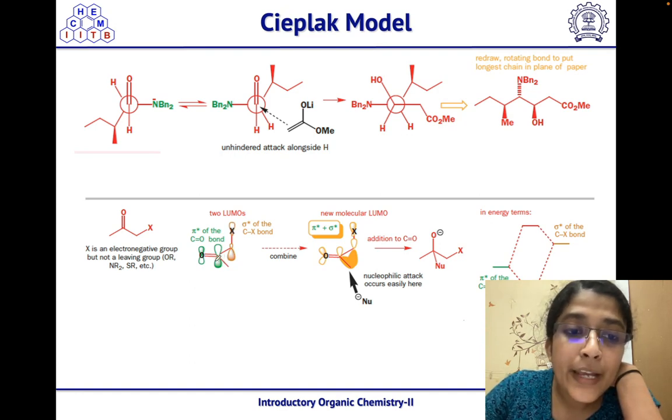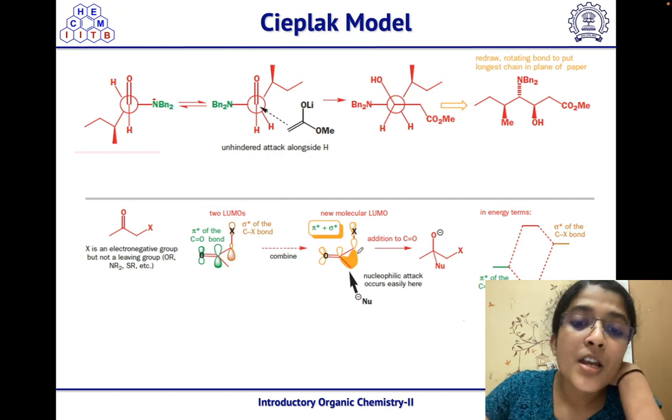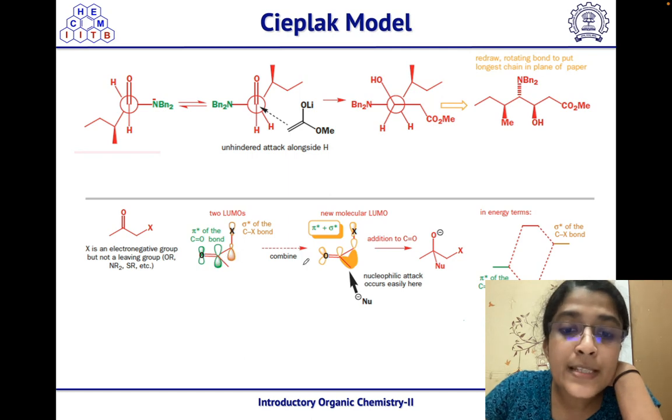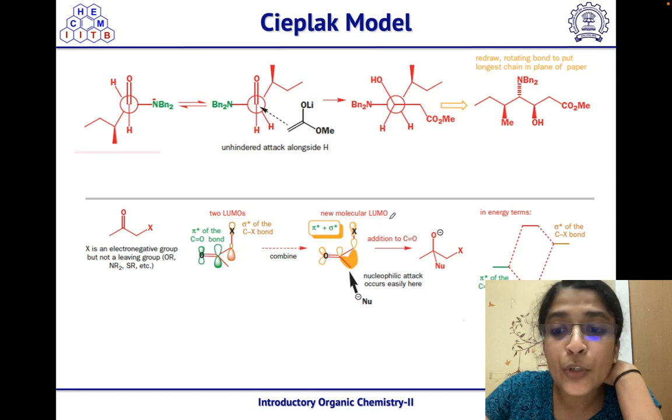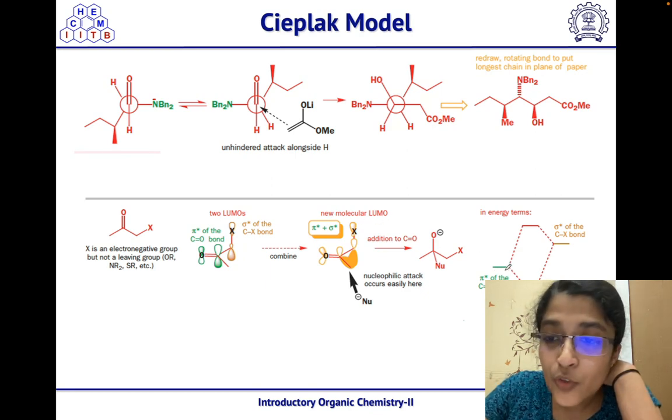Where a bond is formed is called sigma, and the other lobes are called sigma star. So these two orbitals can combine and result in a new molecular LUMO. It can combine and result in the formation of a bonding orbital and an antibonding orbital.